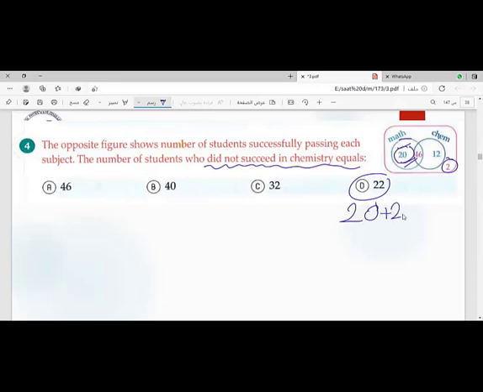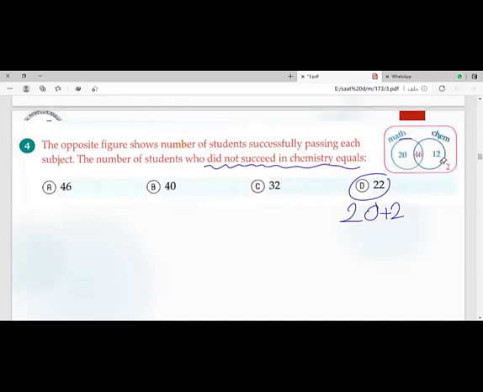Okay, what is the number of students that succeeded in both chemistry and math? Very good, Abdurrahman.